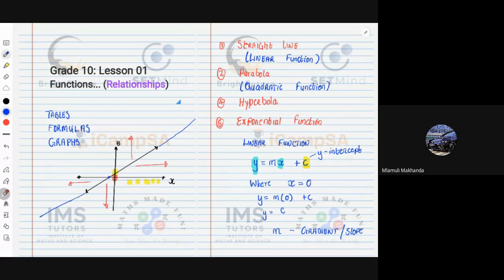So as we know the continuous nature of function, there are two things that we can determine from the function. And those two things, maybe you have heard about them already, are what we call the domain and the range.